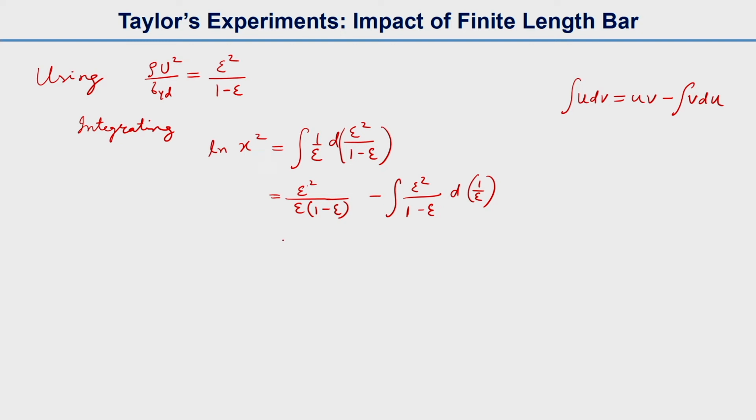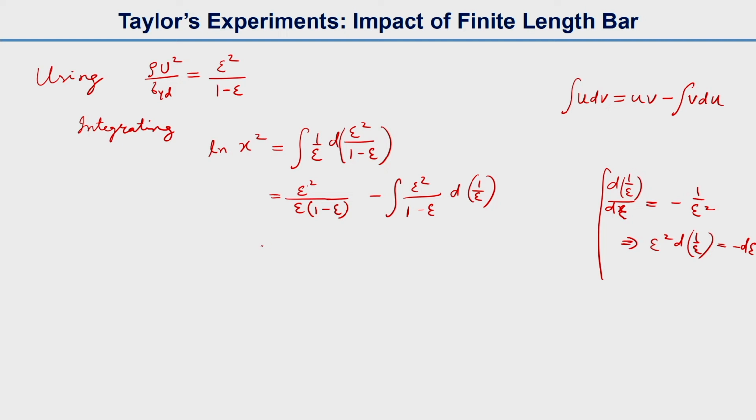And d(1 by epsilon) is actually minus d epsilon by epsilon square. That means epsilon square d(1 by epsilon) is equal to minus d epsilon.